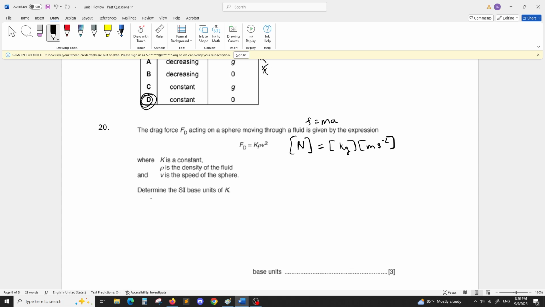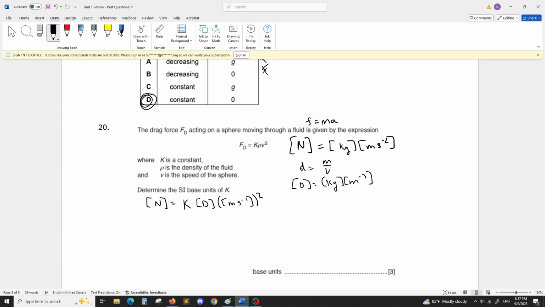Then we have N is equal to k, which is what we want, times rho, the density of the fluid. Density is equal to mass over volume, so kg divided by volume, and then v squared, so meters per second squared.